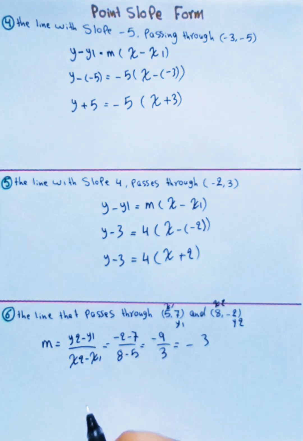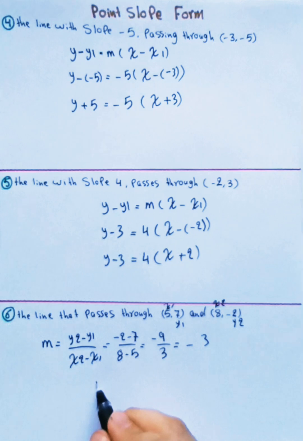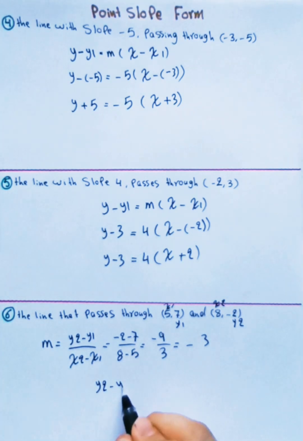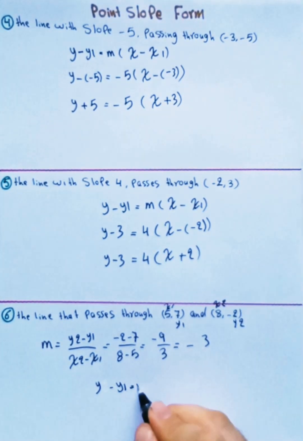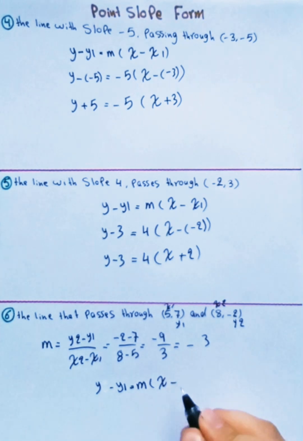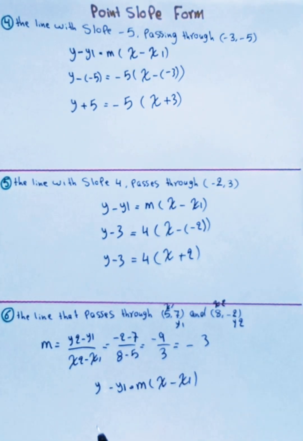So the point slope form, we have y minus y1 equal to m times x minus x1.